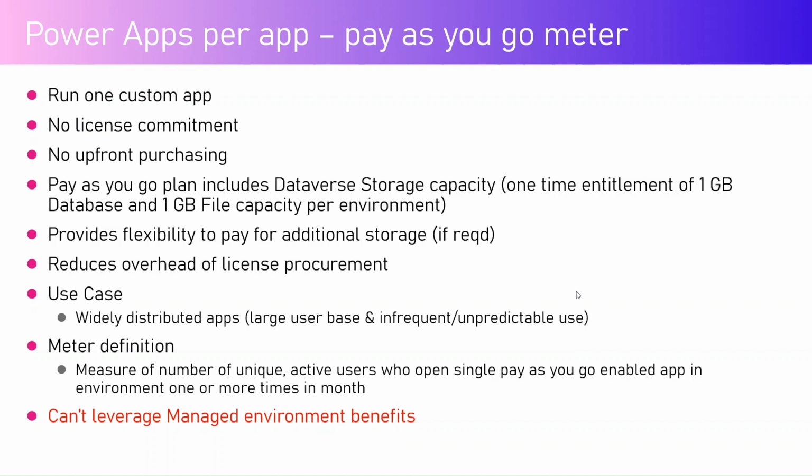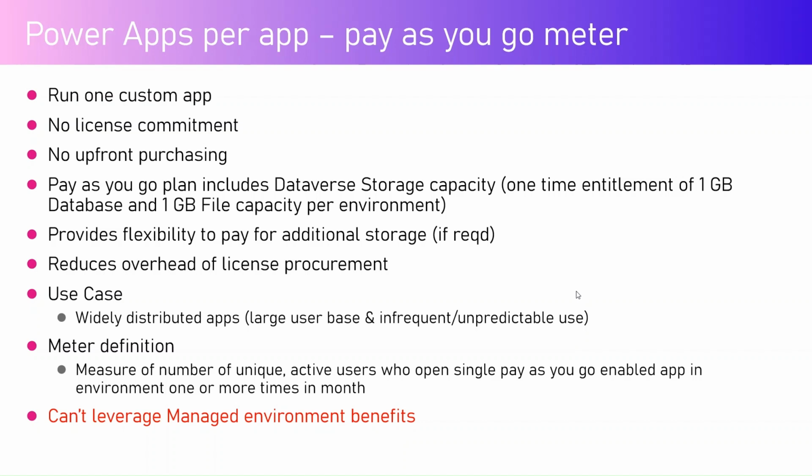Now, what is the use case? It's basically mostly used for widely distributed apps. What that means is, take for example, if in your organization you have 10,000 users, and you have built an app and want to distribute it to the whole company. Not necessarily everyone is going to use it, right? So you need not reserve 10,000 licenses for 10,000 users.